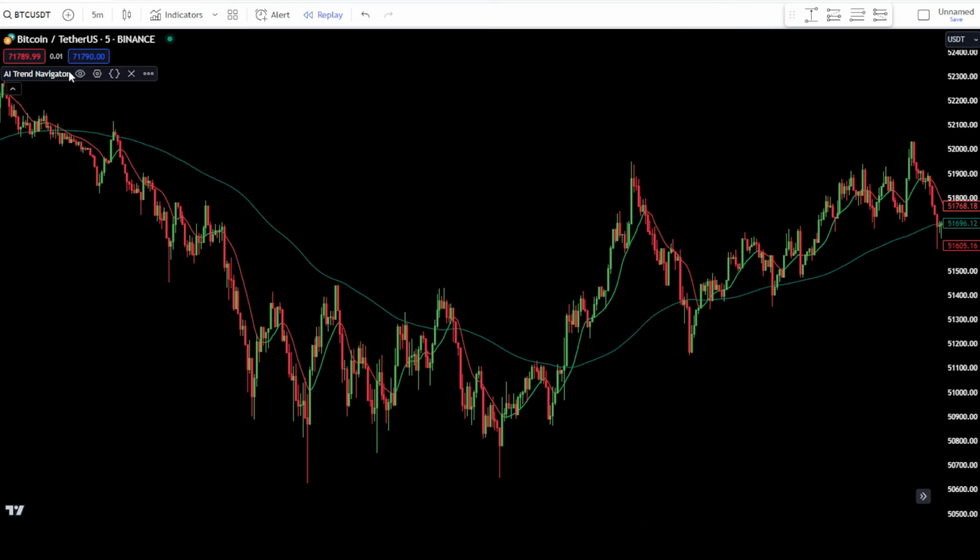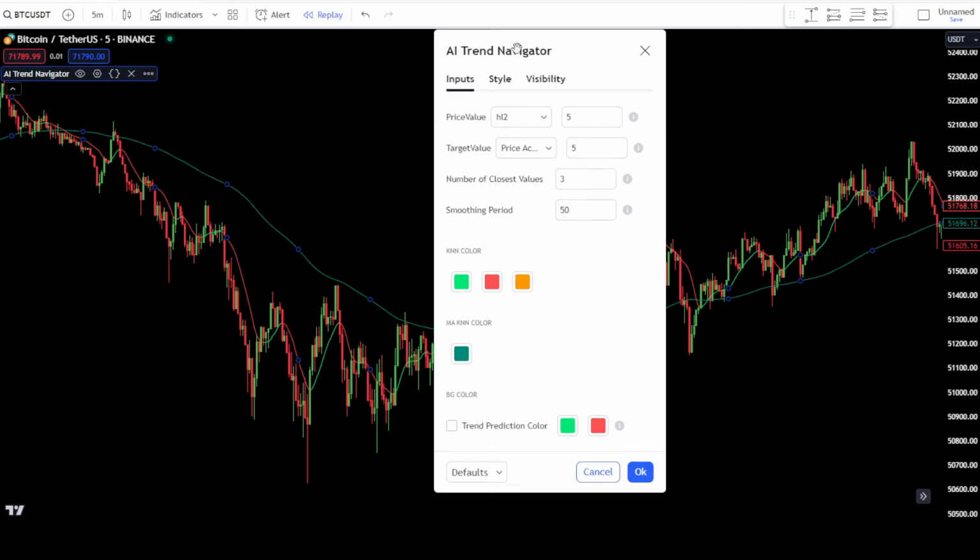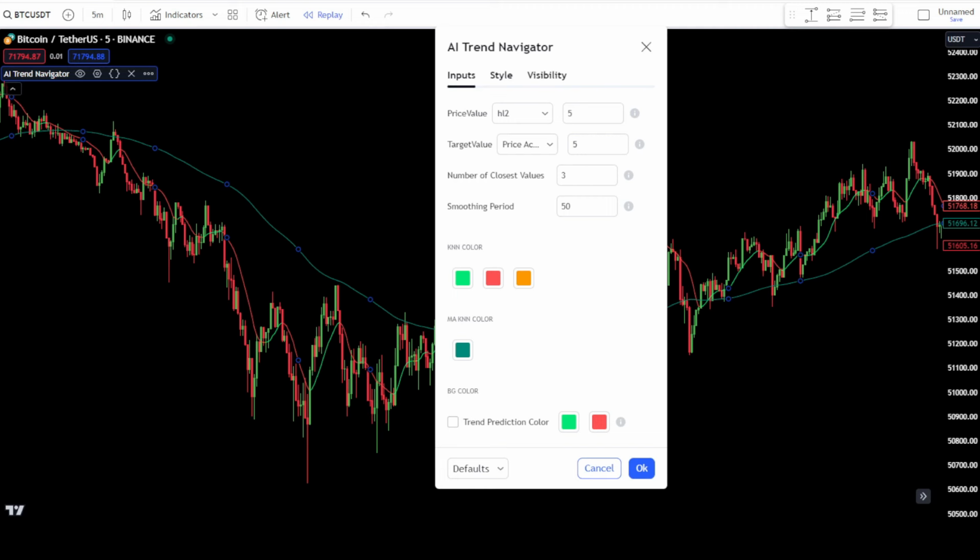After that, go into the settings of the AI Trend Navigator indicator. There are numerous options you can adjust in the Indicator Settings tab. For instance, you can customize the price value according to your preference. In this setting, you can choose the price value to be VWAP, EMA, SMA, or others. Similarly, for the target value, you have the flexibility to make adjustments.